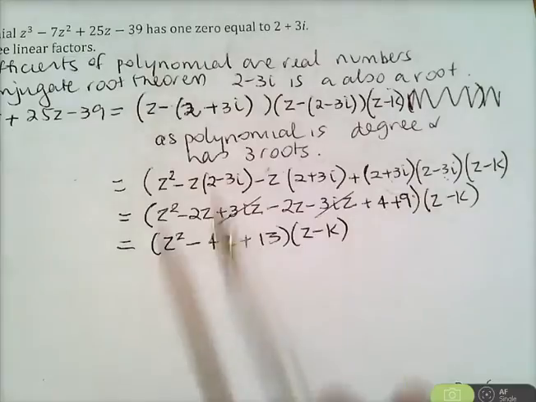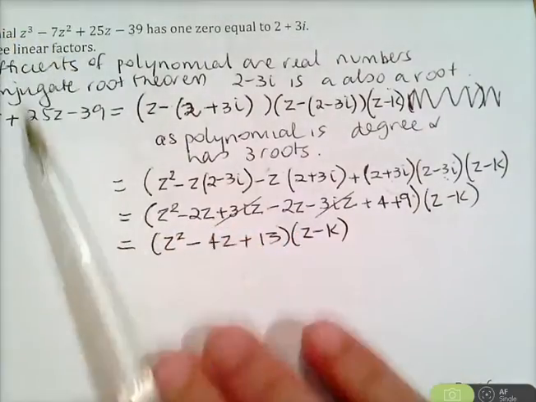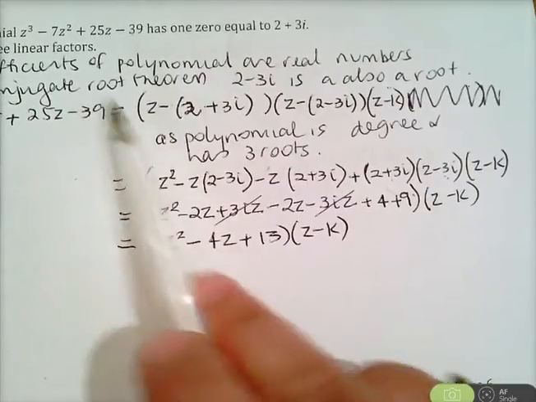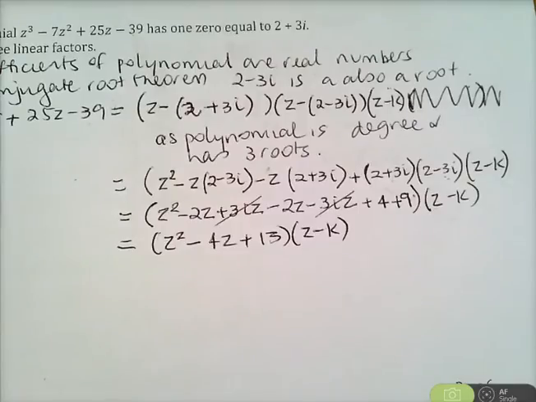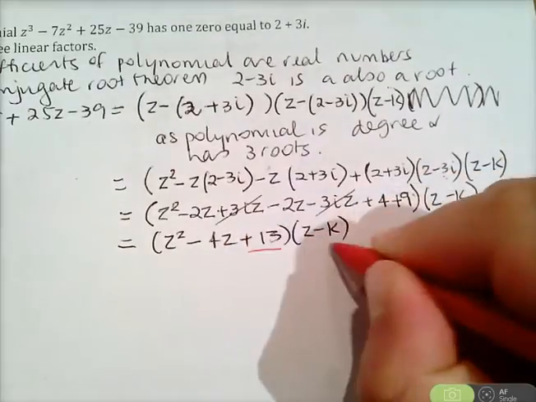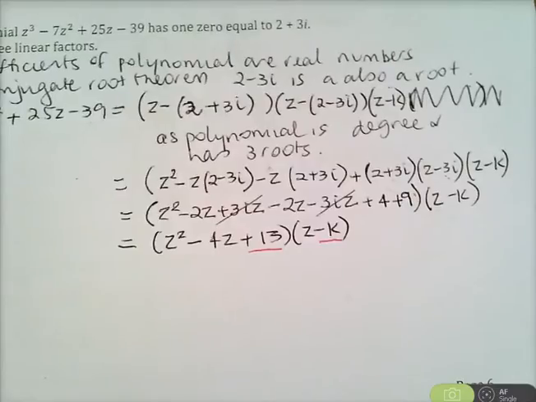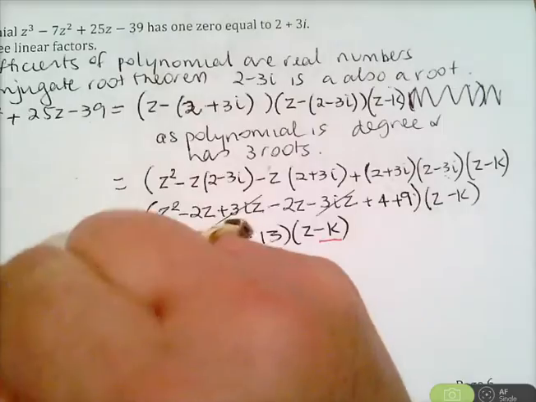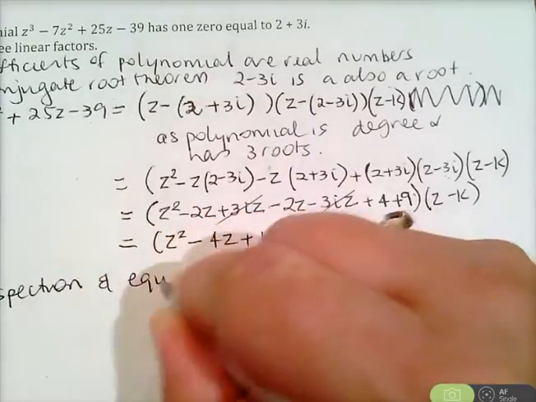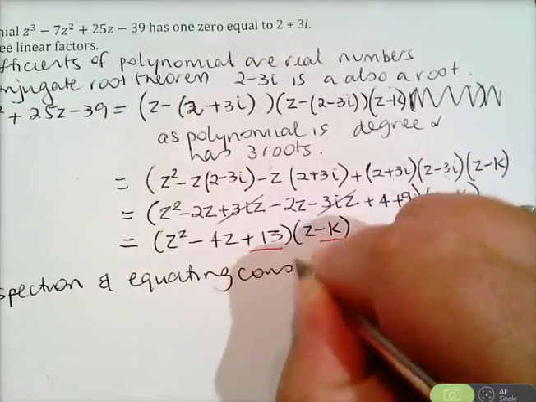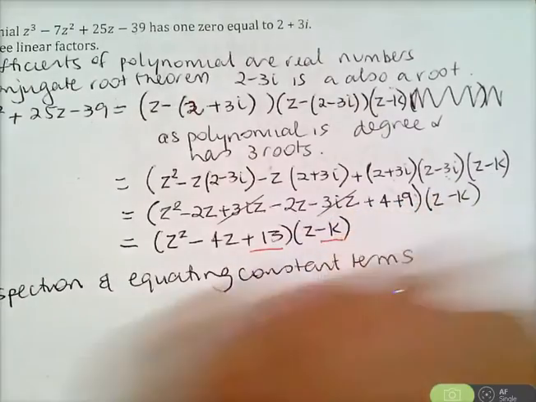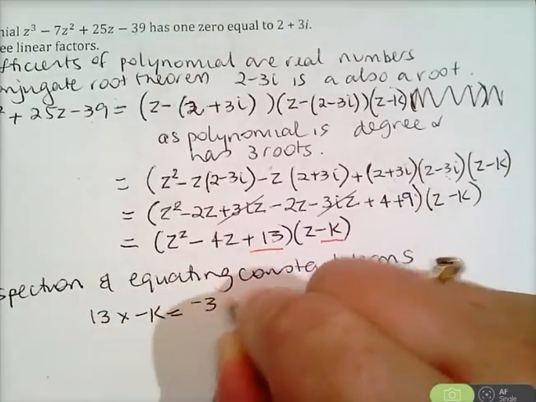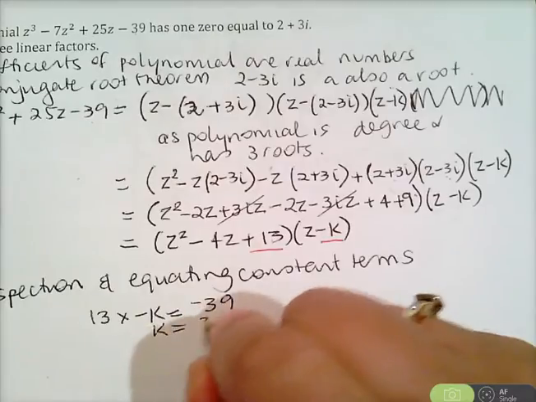Now, if we look at our polynomial up here, it's z cubed minus 7z squared plus 25z minus 39. This constant term will come from multiplying this plus 13 with this minus k. So by inspection and equating constant terms, we know that 13 times negative k is equal to negative 39. So therefore we can see that k is 3.